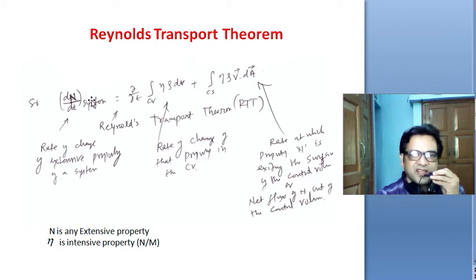So this is the expression for the Reynolds transport theorem. The left hand side expression is for the system, and the right hand side is its equivalent expression for a control volume. So you see the surface integral in the right hand side is eta rho V dot dA.